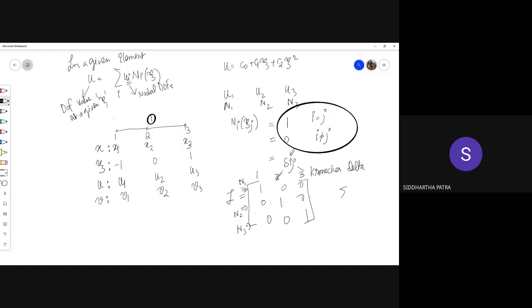One more thing, sigma ni must be equal to 1. And why is that? Look at this expression. u equals summation ui ni. Now imagine at each and every node, the value of u is the same. u1 equals u2 equals u3 equals u star. I have already said this, but think of it as recapitulation.